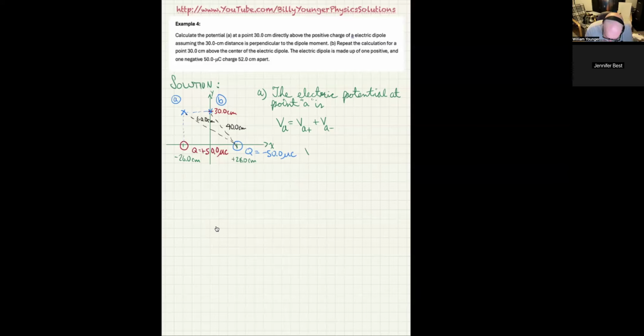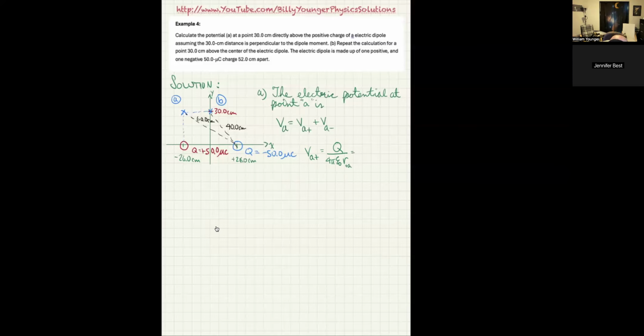So let's calculate the voltage at A due to the positive charge. That's going to be equal to what we found earlier, Q over 4 pi epsilon naught times the distance between Q and A. So I'll say positive A like that.